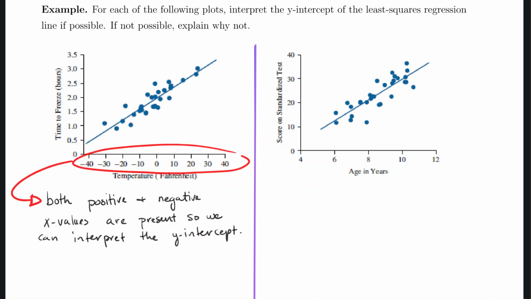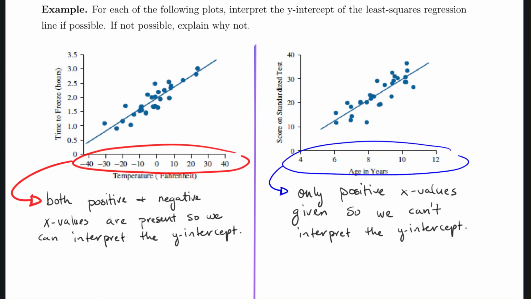Now looking at the next data values, we see that we only have 4 to 12 listed, only positive x values. Since there are only positive x values and not also negative x values, we know that we cannot interpret the y-intercept for this scatter plot because it lies outside the range of data values.